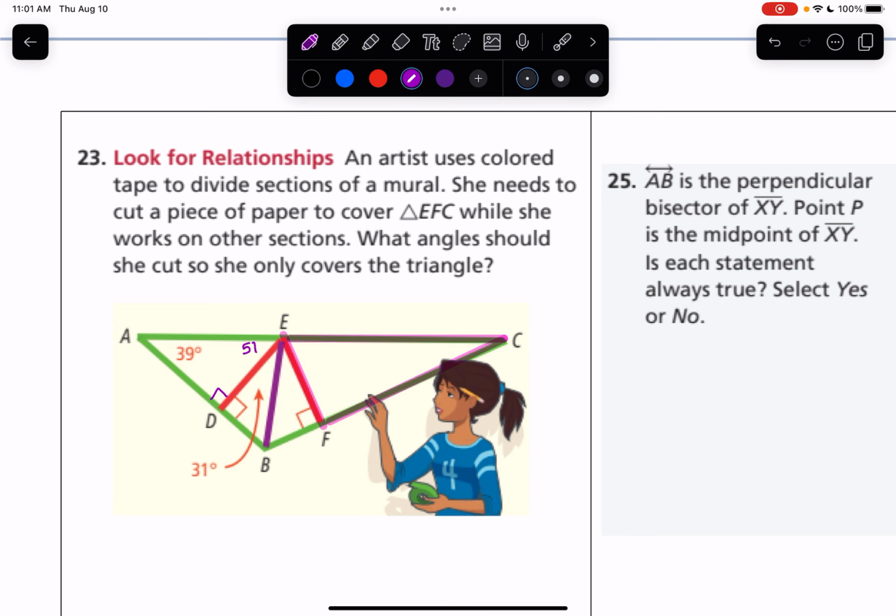All right. I have a 31 degree angle right here. Okay, this 31 is right here. Sorry, I'll show you with my pointer where that angle is pointing to. And so if I have a 31 degree angle right here, a 90 degree angle right here, then this angle down here by B is going to be, let's see, 31 plus 90.